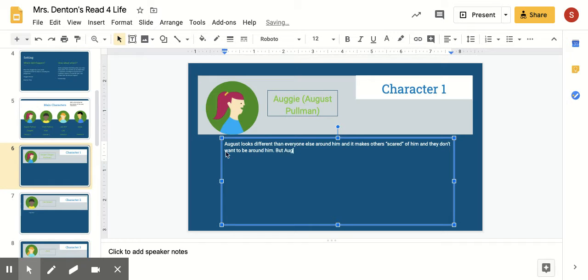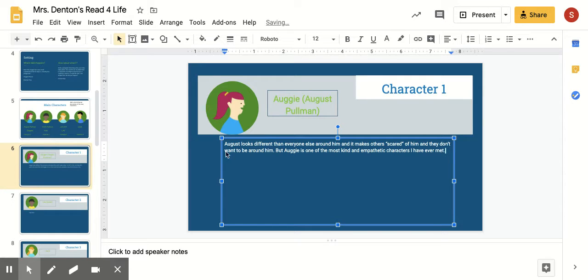But Augie is one of the most, I'm going to pull out a character trait, kind and empathetic characters I have ever met.